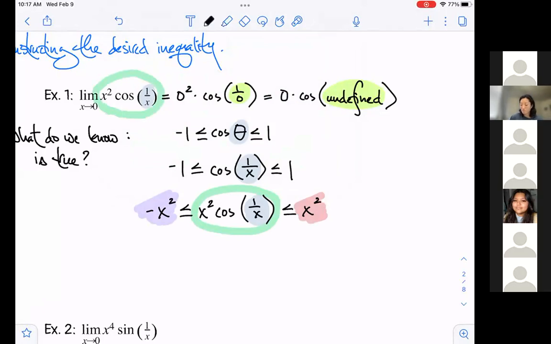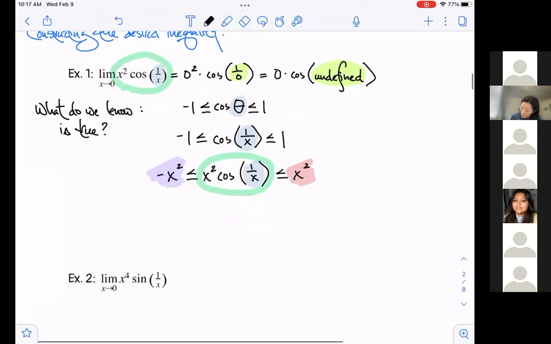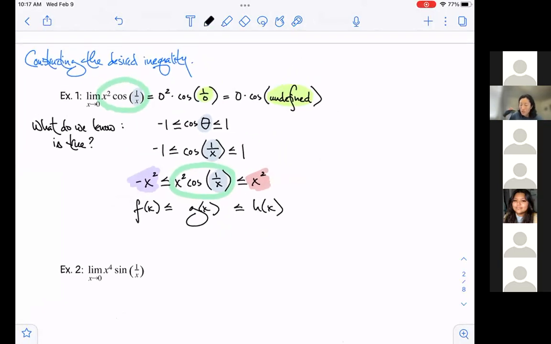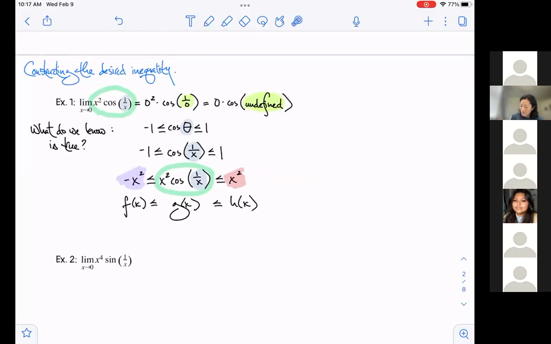Okay. This is my f of x is less than or equal to g of x, which is less than or equal to the h of x, right? Well, the coolest part about the squeeze theorem is I never have to know what the inside is. All I have to know is what's happening to the bread pieces.